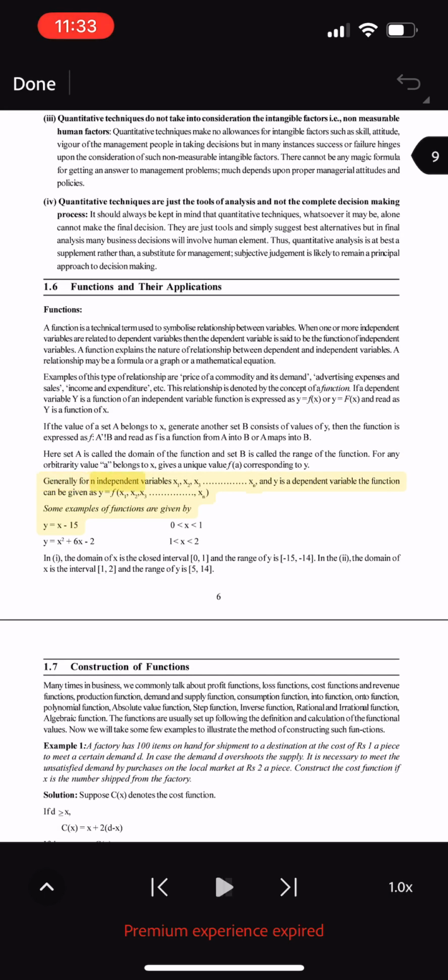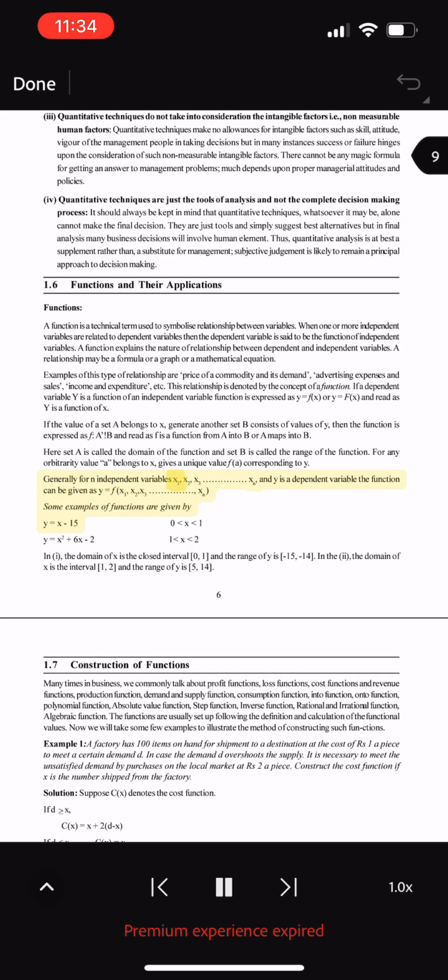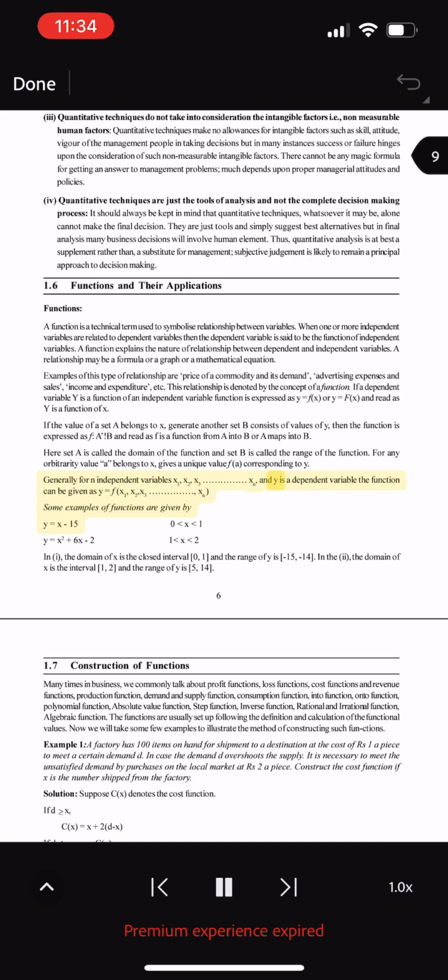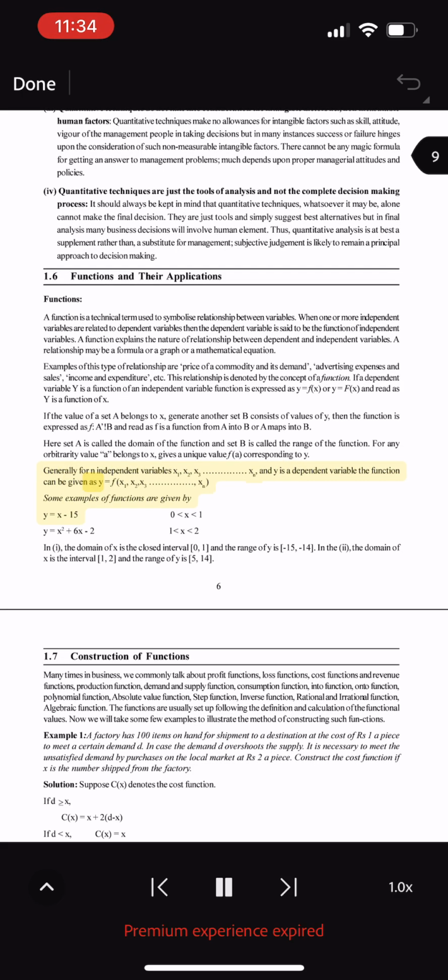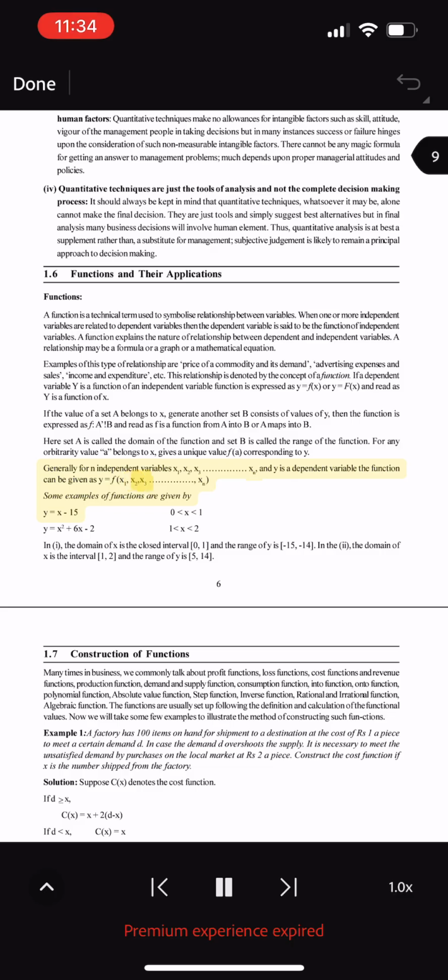Generally, for n independent variables x1, x2, x3, ..., xn, and y as a dependent variable, the function can be given as y equals f(x1, x2, x3, ..., xn).